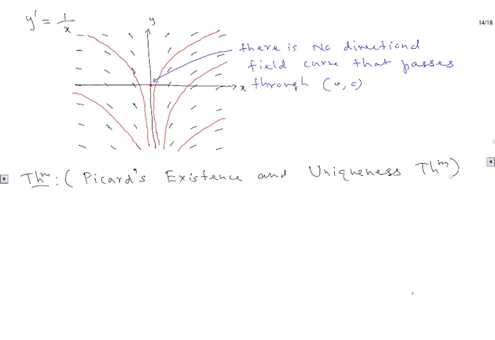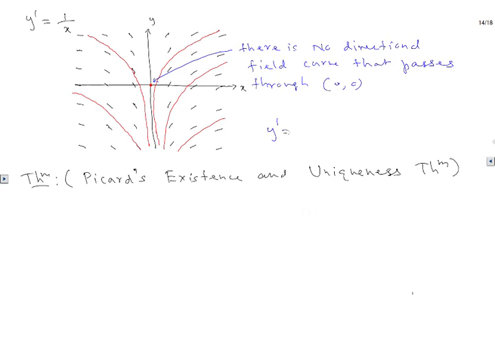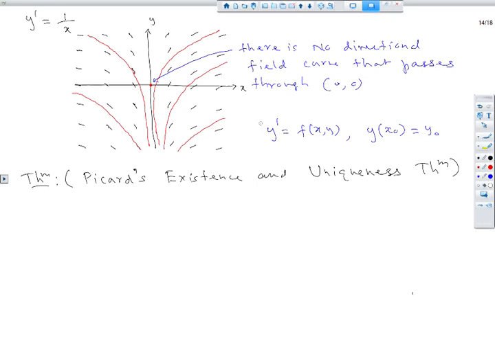What the theorem says: we look at the general problem, y prime equals f(x, y), along with y(x0) equals y0. That's the general problem we are going to look at.